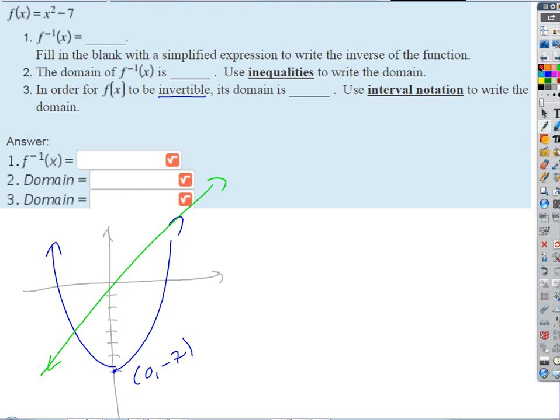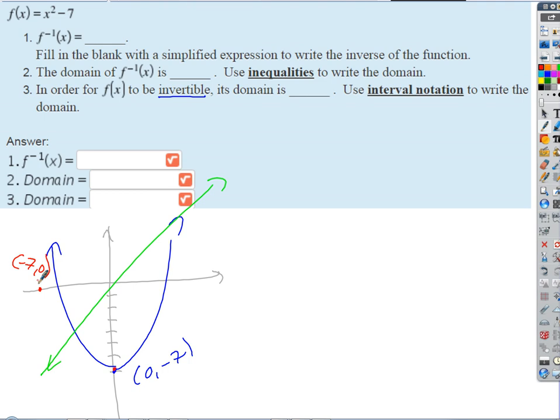Let's just reflect a couple key points. This point right here at 0, negative 7 is going to reflect over the line to negative 7, 0, isn't it? Everybody agree? And think what we do when we find an inverse, we're just switching the domain and the range, right? So if this is 0, negative 7, then this is the point negative 7, 0.